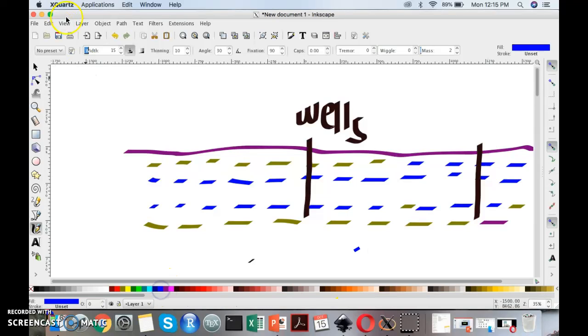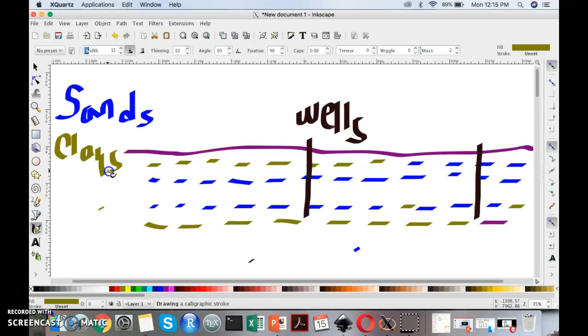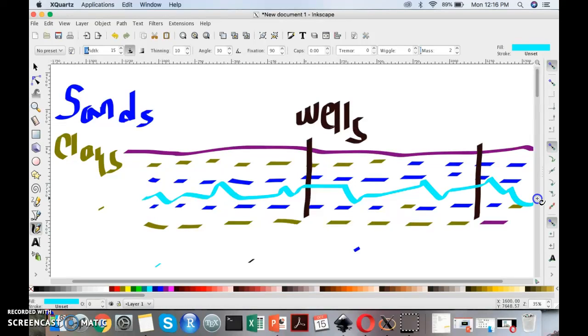Let's make the blue be sands, and let's make the greenish be clays. And we have some water, which will be this light colored blue, going all throughout the sands.